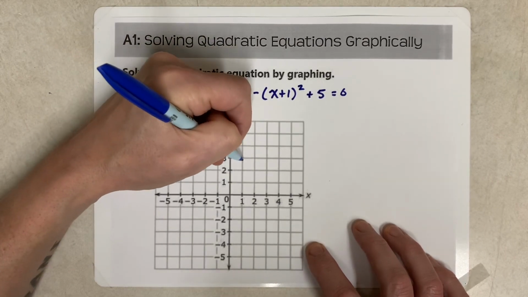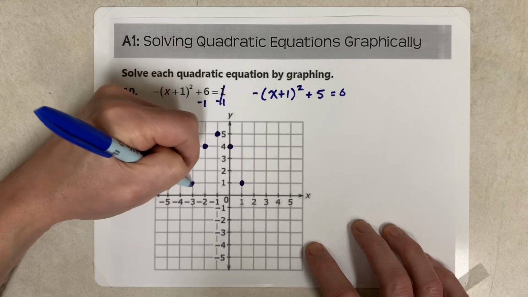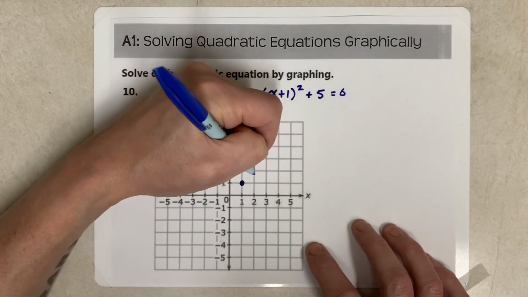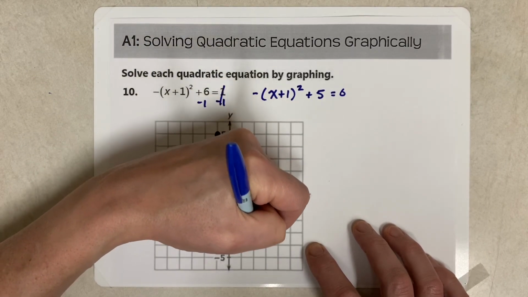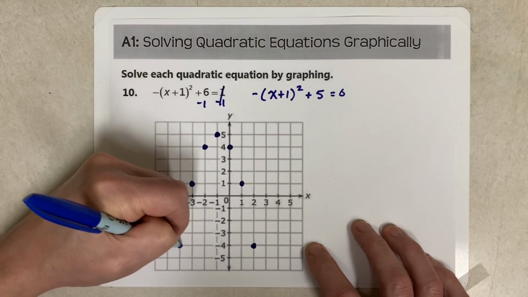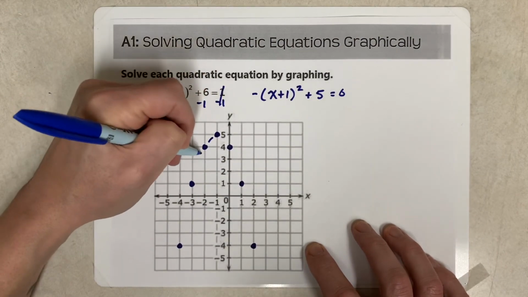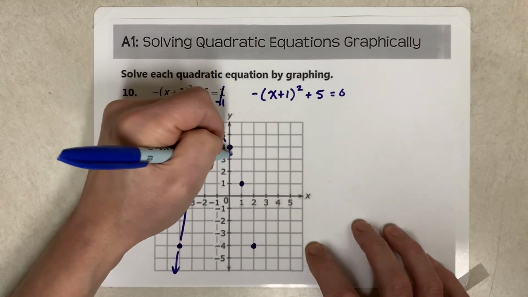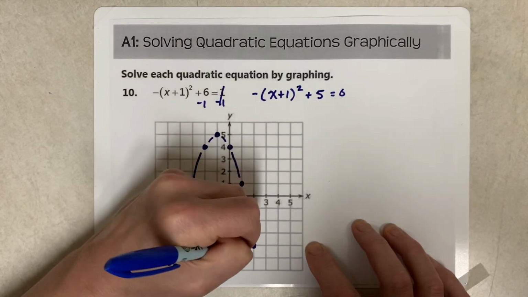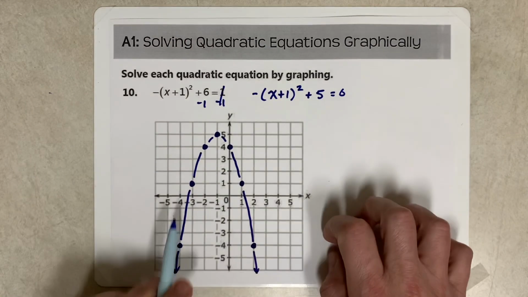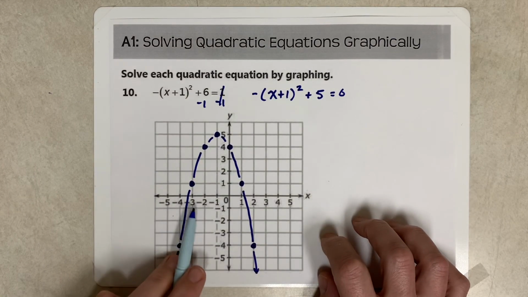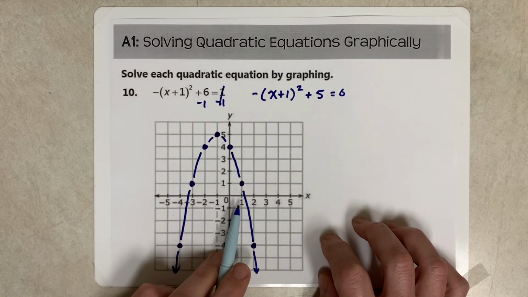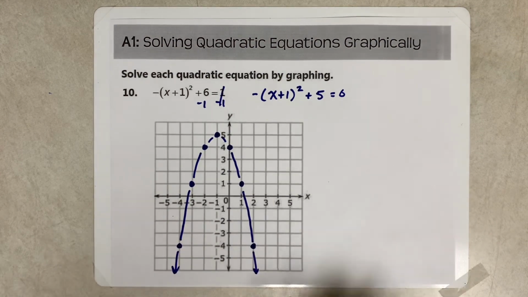Over 2 down 4, over 3 down 9. Okay, then we connect our dots, except this time we get to look at the x-axis, which is a little bit easier to look at. And so we see again, we have one solution between negative 4 and negative 3, just like before, and the other solution between 1 and 2, just like before.